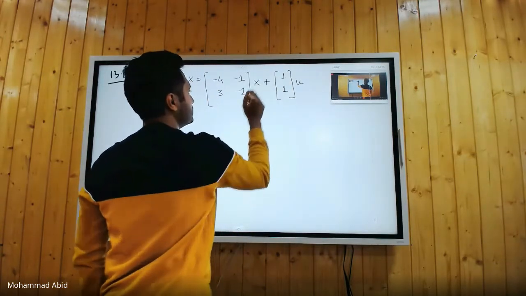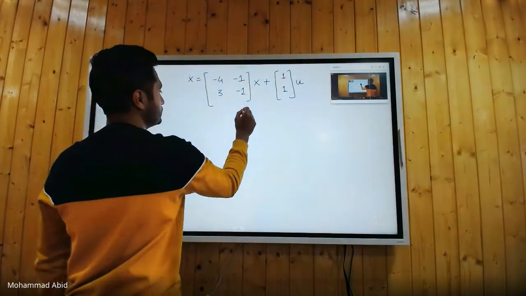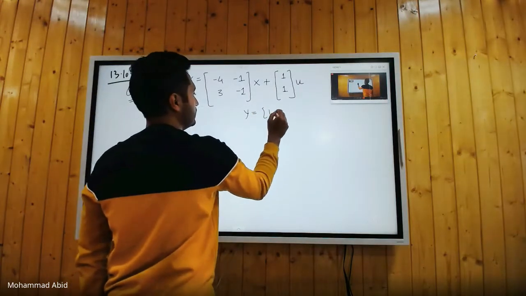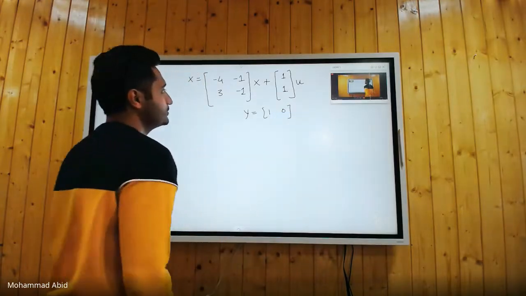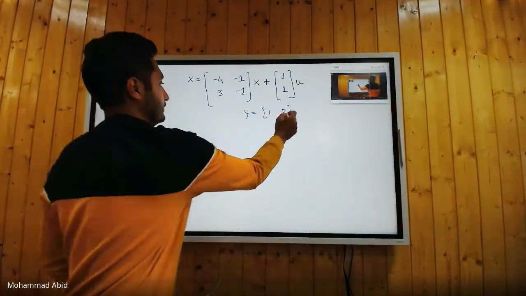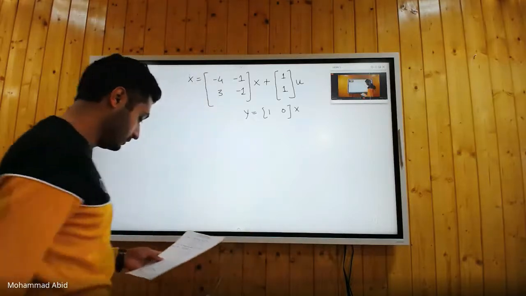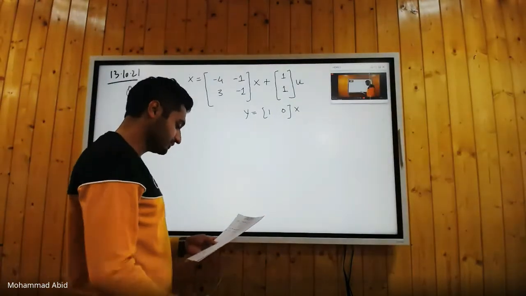This is the information given, and C is also given, 1 0, times x, and you have to evaluate the transfer function.